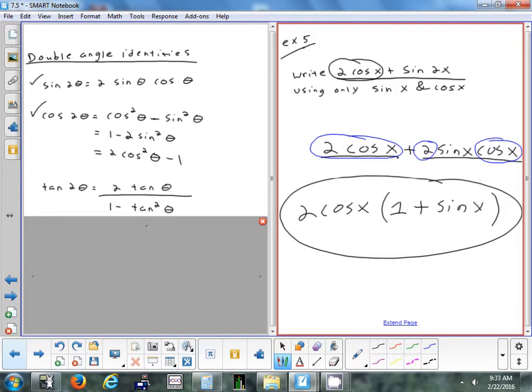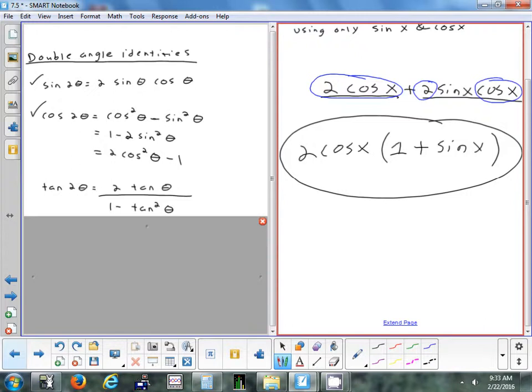And then in your parentheses, you have to think about, if I were to distribute, how would I get back to what I started with? 2 cosine x times 1 is 2 cosine x. And 2 cosine x times sine x, if I distribute it out, is 2 cosine x times sine x. Oh, so you just take out what they both have in common? Yeah. The parentheses hold what you need to get back to the original.